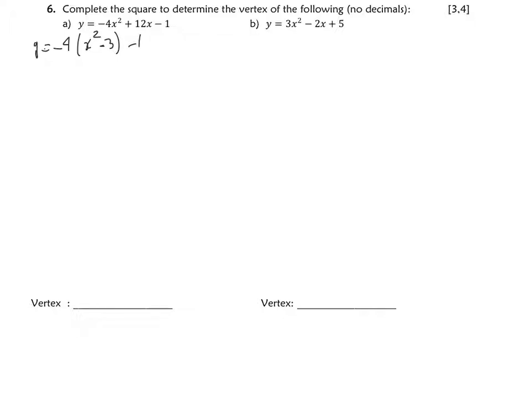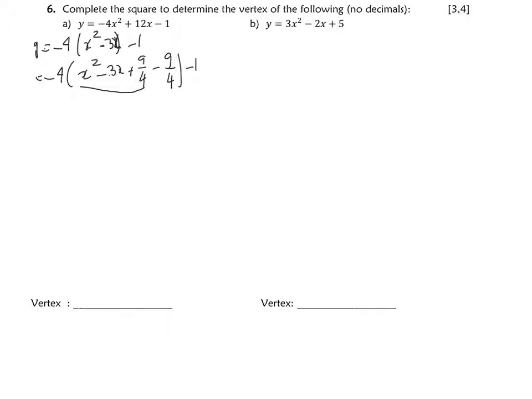Now I'm going to divide negative 3 by 2, which is negative 3 over 2, and then square it. Negative 3 over 2 squared is 9 over 4. So add and subtract 9 over 4. So I get negative 4 times x squared minus 3x plus 9 over 4 minus 9 over 4 minus 1.